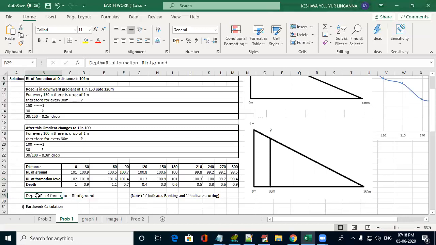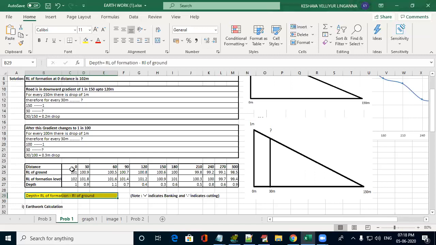Always. This should never change. It is always RL of formation minus RL of ground level. It is not vice versa in any case. It is not RL of ground minus RL of formation. It is always RL of formation minus RL of ground.